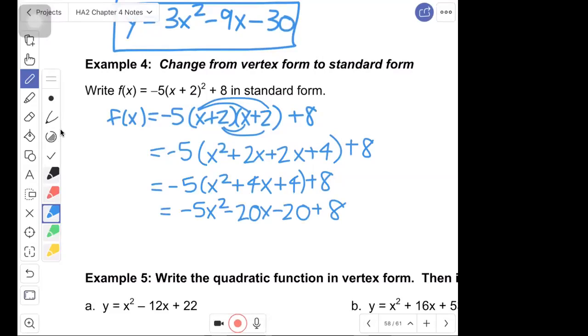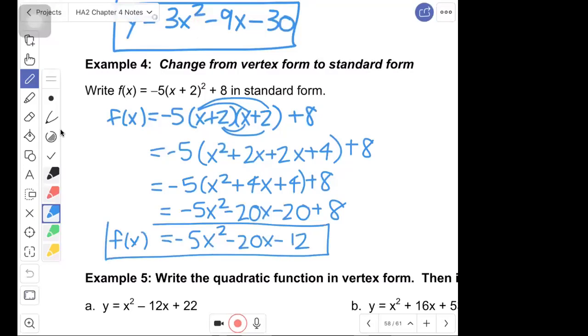Grace, what's our last step here? Take -20 plus 8, which is -12. Awesome. And we just changed it from vertex form to standard form.